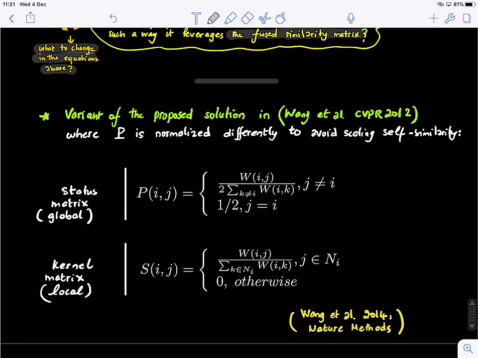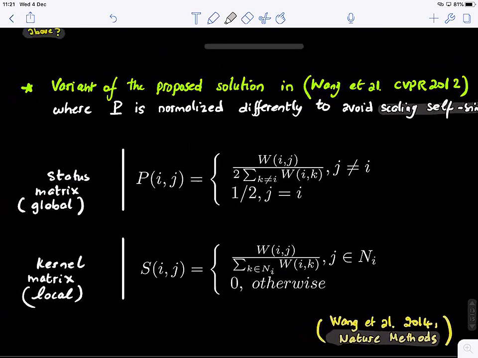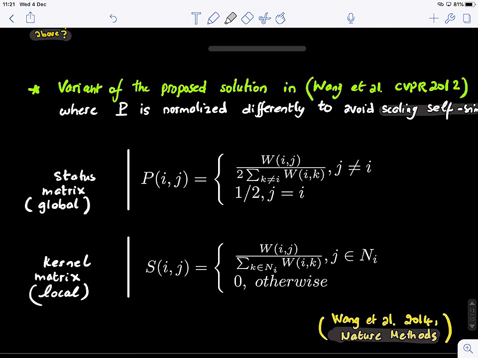Great, so there is another variant of the proposed solution in this paper. It's called Similarity Network Fusion. I'll put the link of the paper below. Here, P is actually normalized differently to avoid scaling self-similarity. As you mentioned, you have a big scaling of self-similarity when you're doing the self-diffusion.